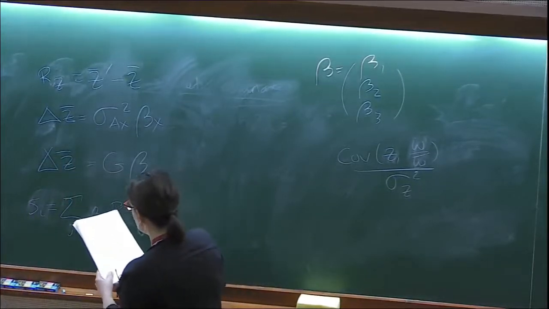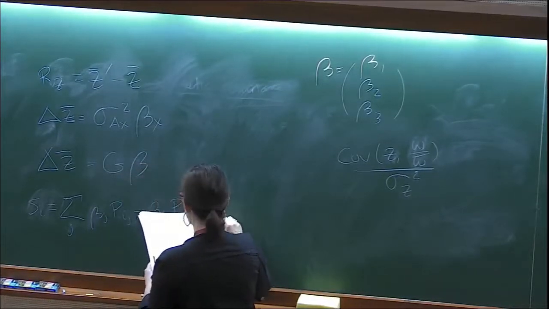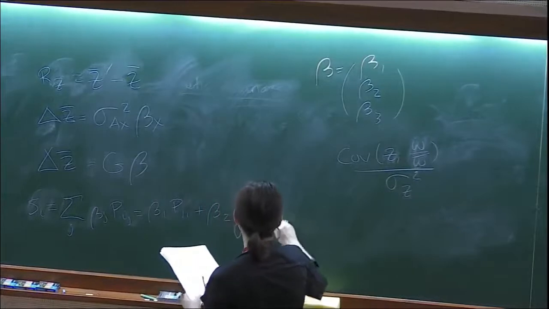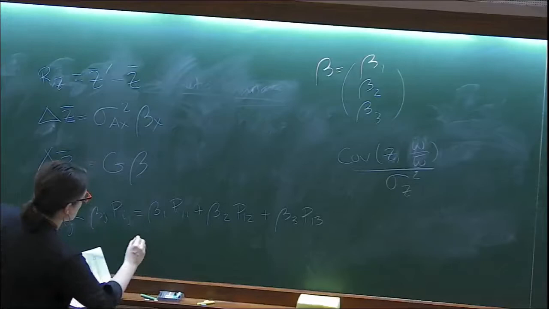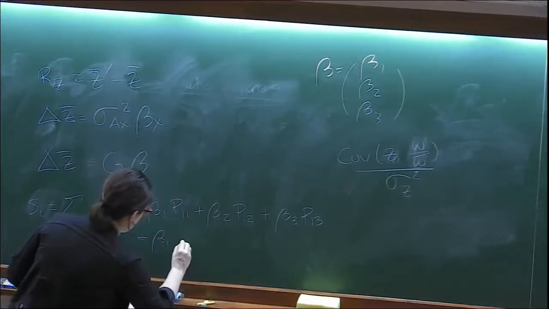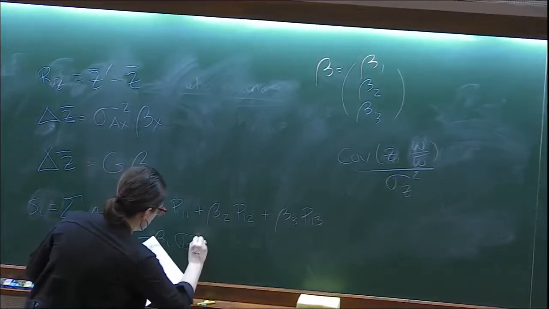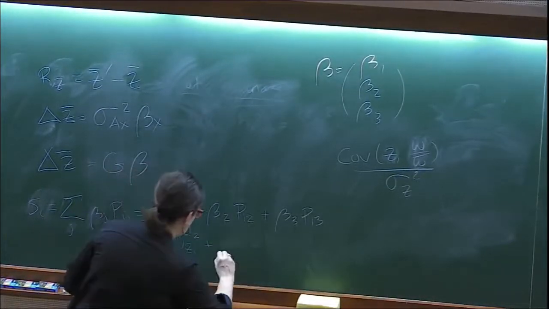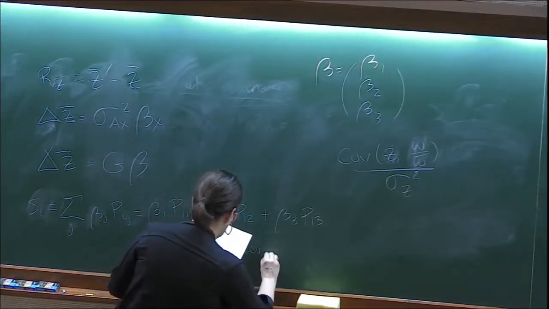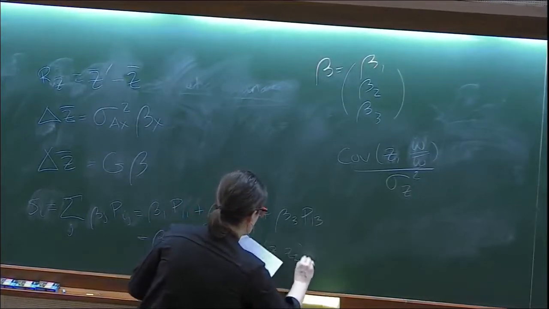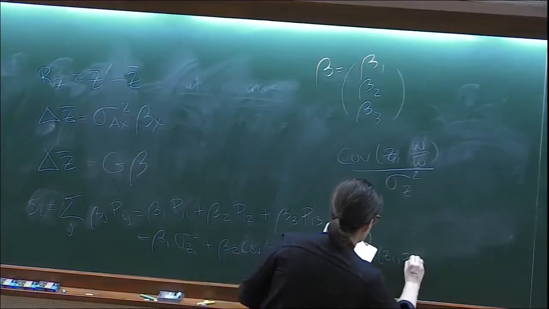So for our 3 case, it's beta 1 times the phenotypic variance in Z1, plus beta 2 times the covariance of Z1 with Z2, plus beta 3 times the covariance of Z1 with Z3, and similarly for the other ones.